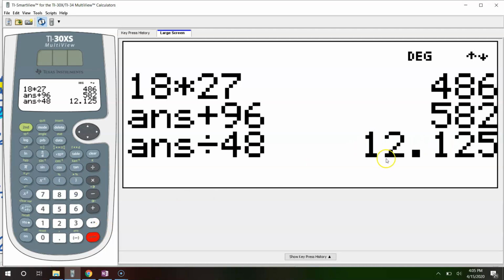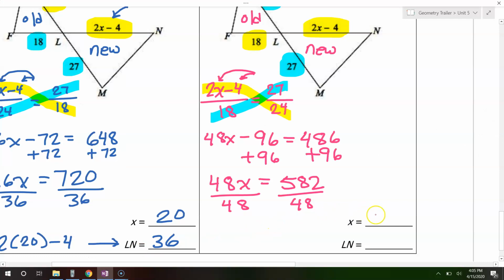Oh, another decimal, okay, 12.125. Okay. Now, if I want to find LN, LN is 2x minus 4.